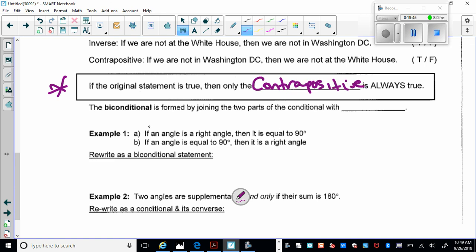And one thing we were supposed to go over is a biconditional. A biconditional is formed by joining the two parts of a conditional with if and only if. Okay, 20 minutes, so I'm going to stop.